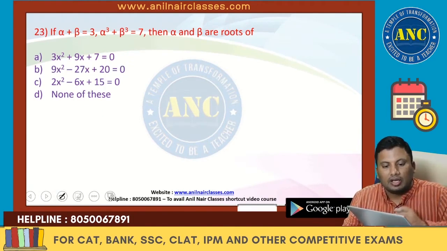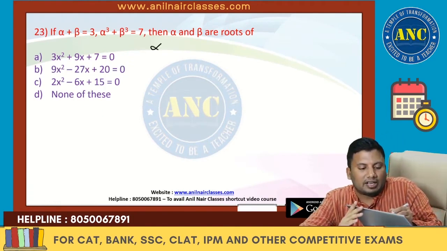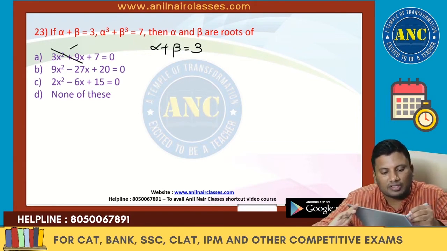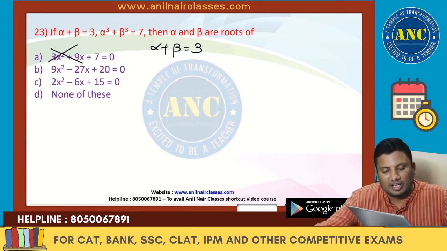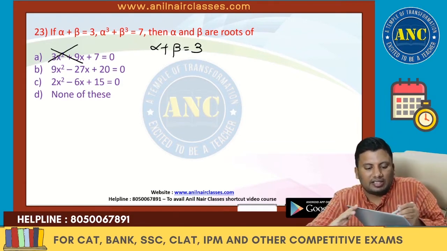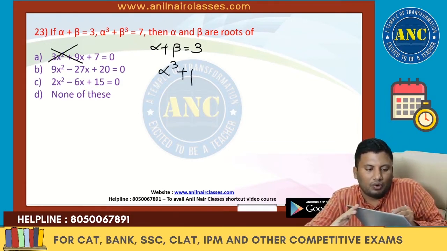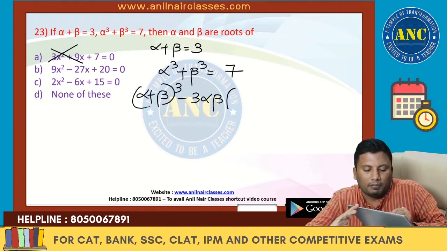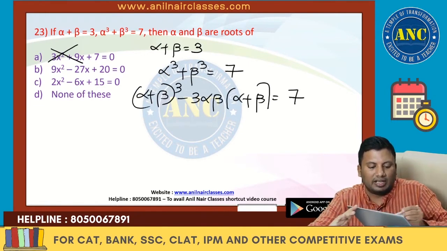Next question. Alpha plus beta is nothing but 3. First one, sum of the roots is minus 3. Second and third, it is satisfying. Alpha cube plus beta cube, it is nothing but 7. So here it is alpha plus beta whole cube minus 3 alpha beta into alpha plus beta is 7.